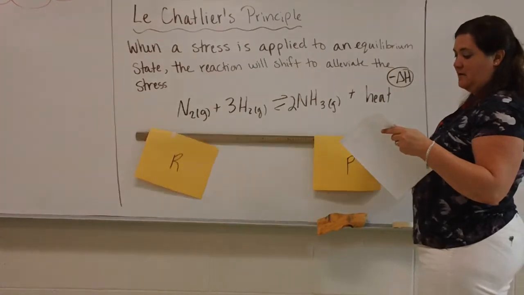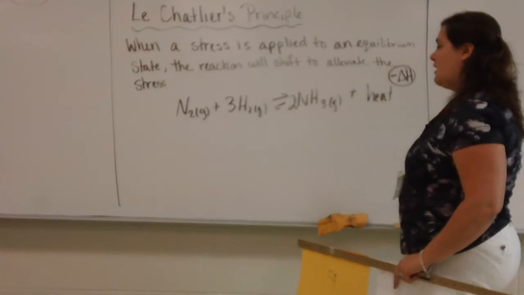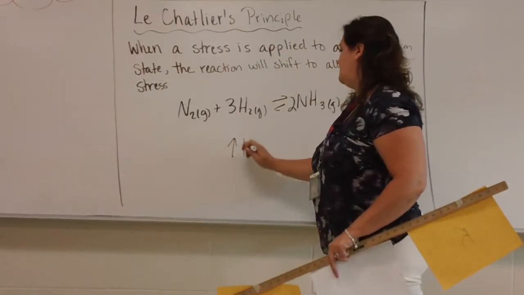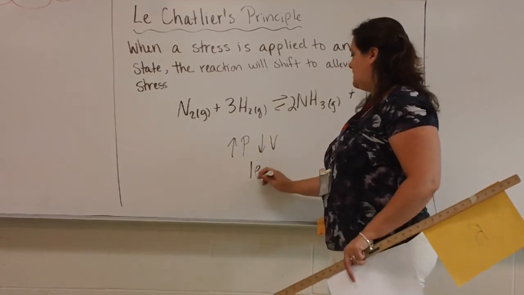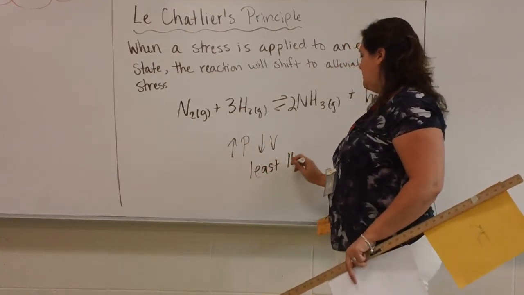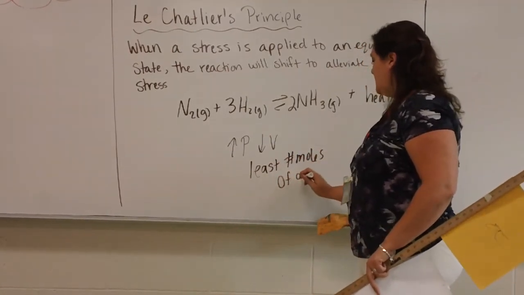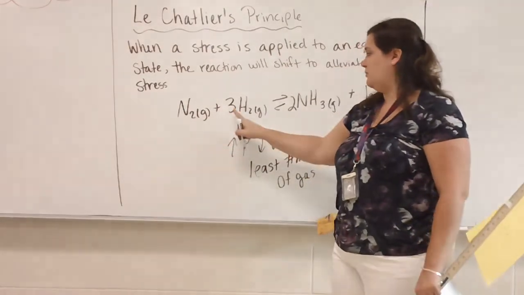Then what happens if we increase pressure? Now pressure, remember, does not involve the seesaw at all. If we increase the pressure, we're decreasing our volume, which means we're going to shift to the side with the least number of moles of gas. So how many moles of gas do we have on the left? 1 mole here plus 3.